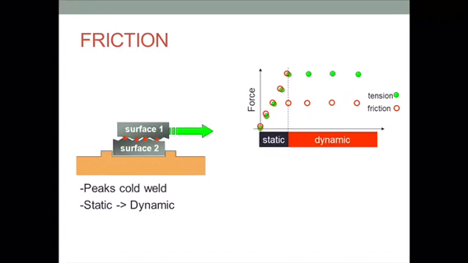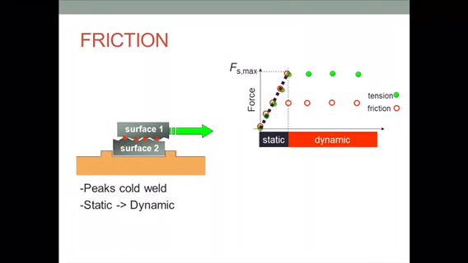On this graph, green circles represent the tension at a given point of time, while the red circles show friction at that same time. So at first, as we increase tension linearly, our friction at that point, still static, increases at the same rate.